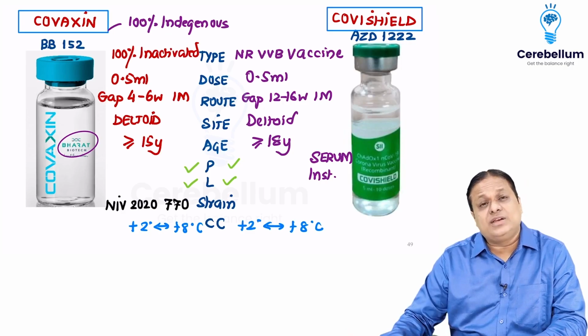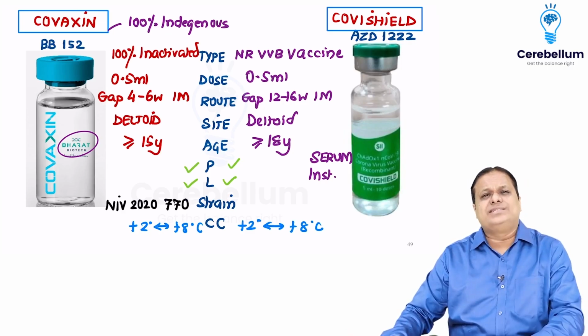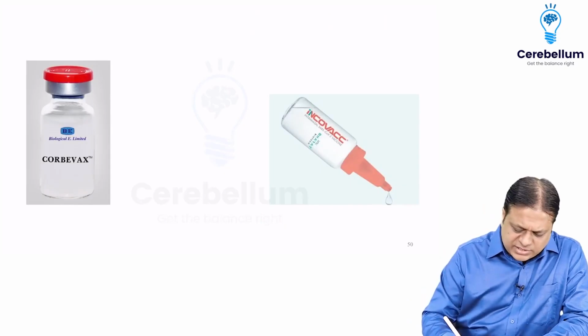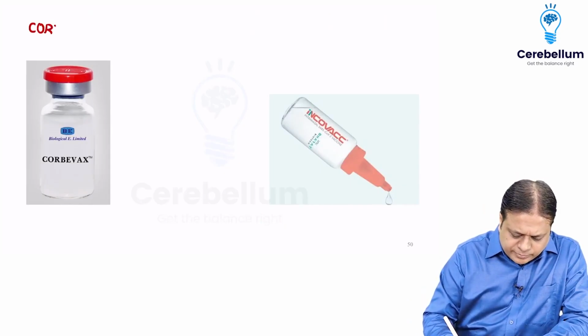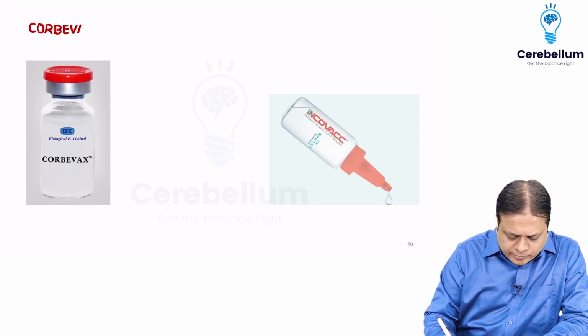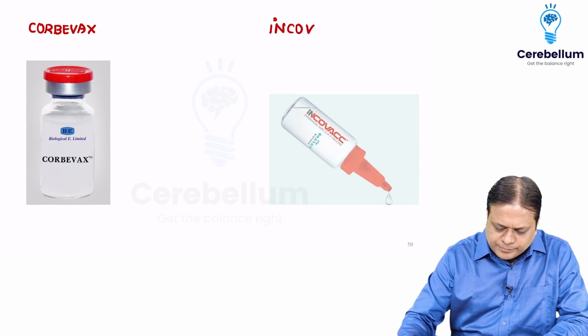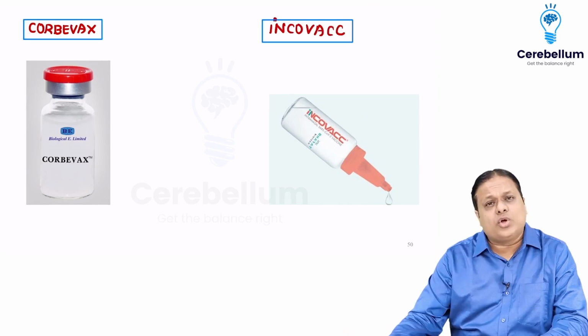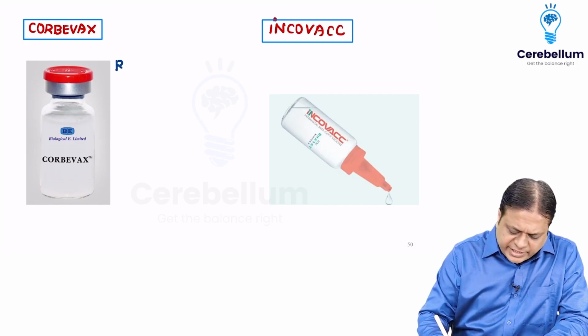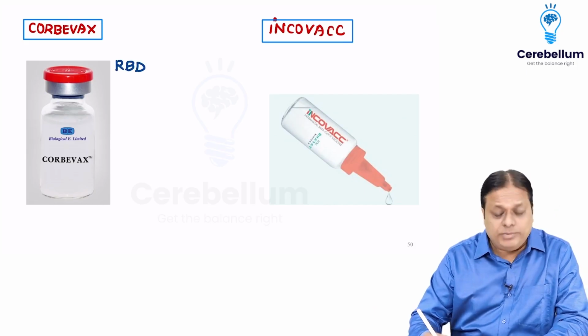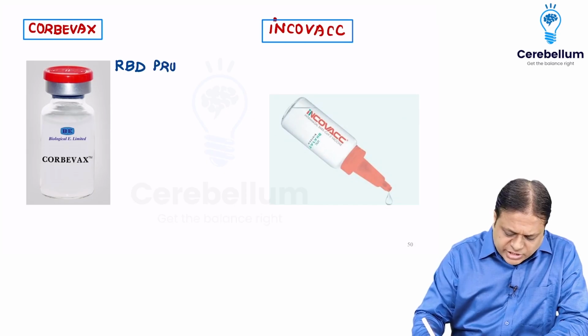After Covaxin and Covishield, two more important vaccines came into our country. One is Corbevax and another is Incovac. We look at Corbevax first. This is a type of receptor binding domain proteinaceous subunit vaccine.